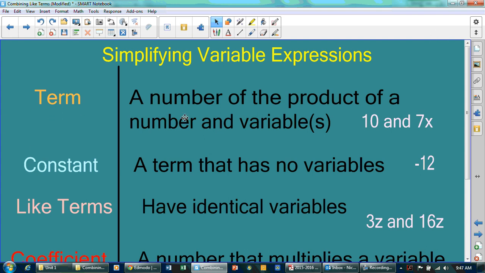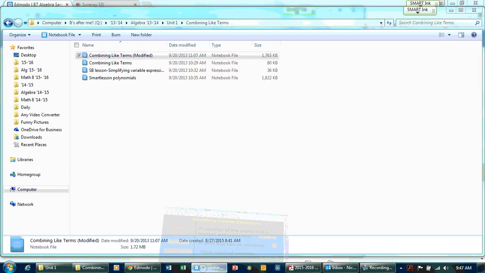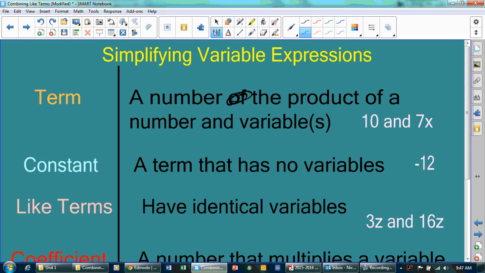So a term is just a number or the product of a number and variables.